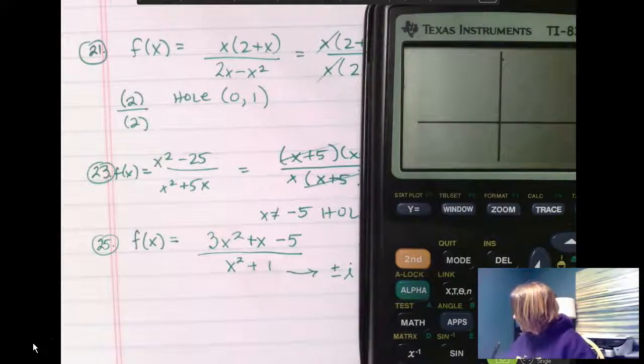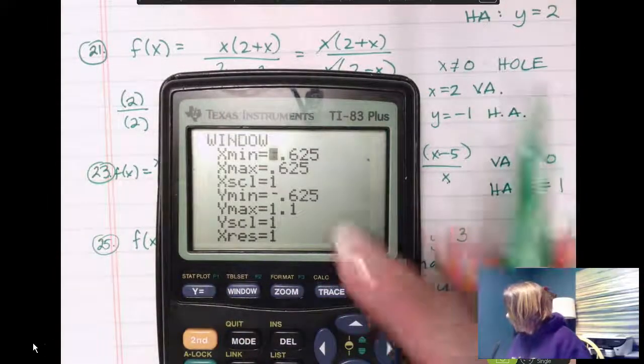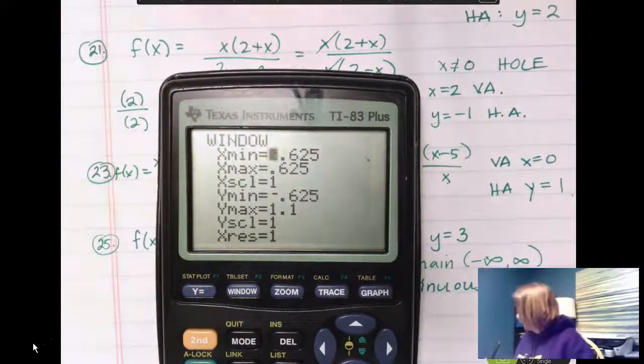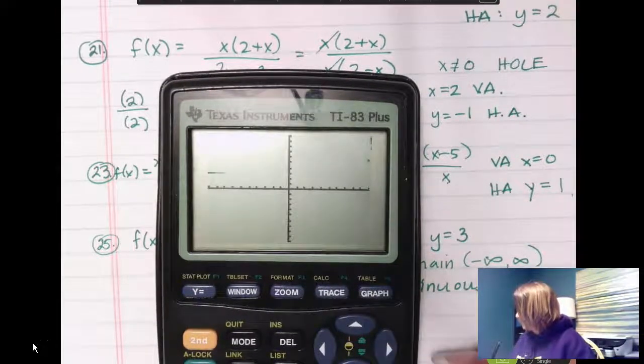So I see a little mark over here, and that means it's thinking, but I can't see my graph. So let's see what the window is. Oh, look at that. Our window is teeny tiny. So we were like less than 1 there. So now let's take a closer look.